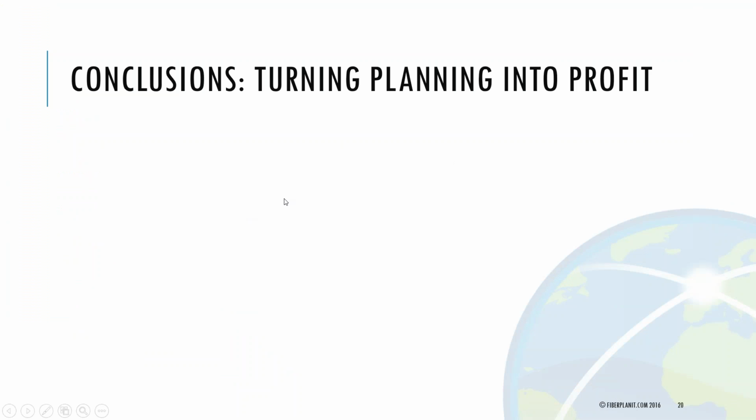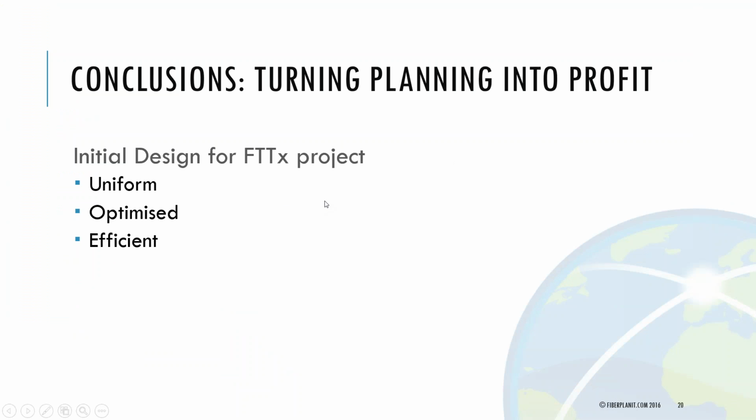So to conclude this webinar on the FiberPlanIT Designer, as you saw, it can be used in the initial design of your FTTx project, both for fiber to the home, fiber to the cabinet, fiber to the X. It increases the uniformity of your designs because we use automation in the software.